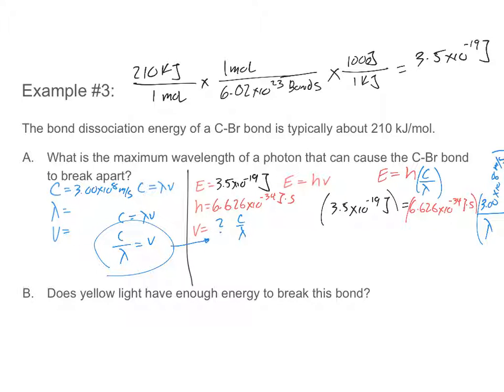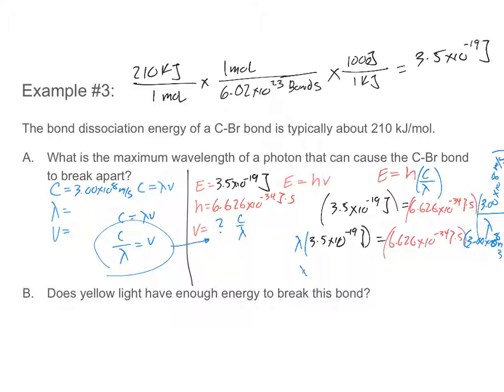So first thing I'm going to do is try to get wavelength by itself by moving the equation around. So I'm going to get wavelength times 3.5 times 10 to the minus 19 joules equals 6.626 times 10 to the minus 34 joule seconds times what's left over, which in this case is 3.00 times 10 to the 8 meters per second.